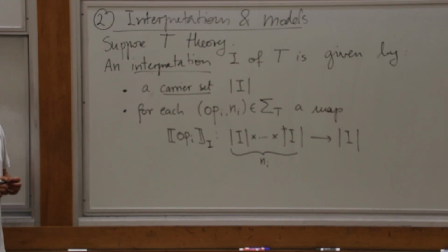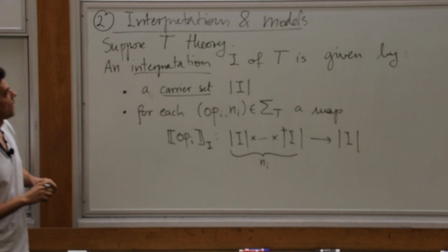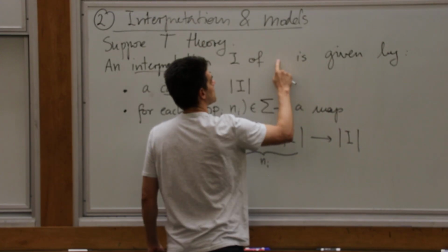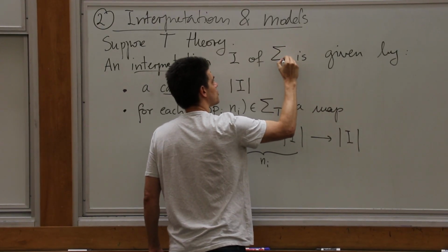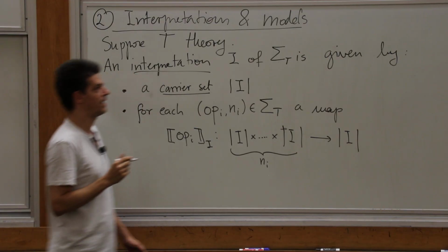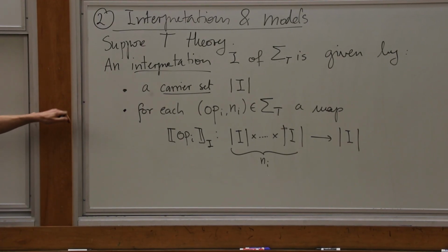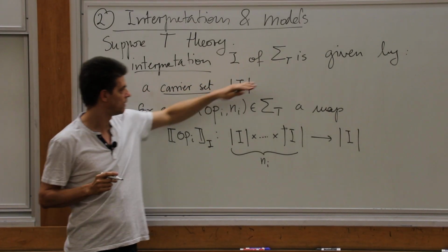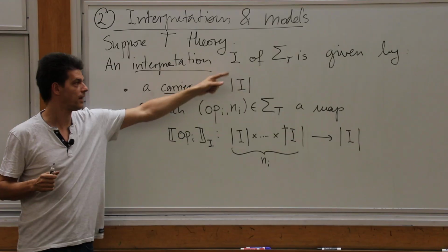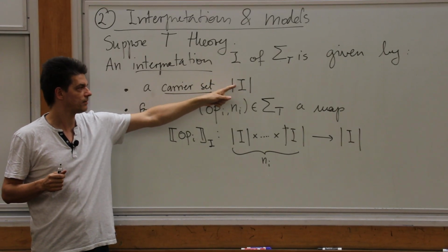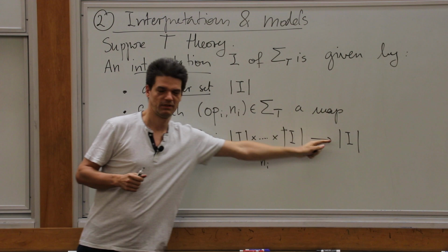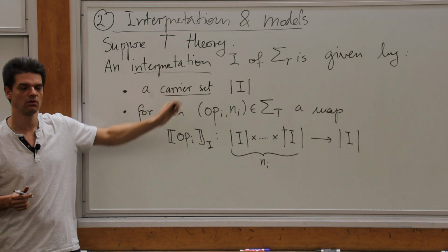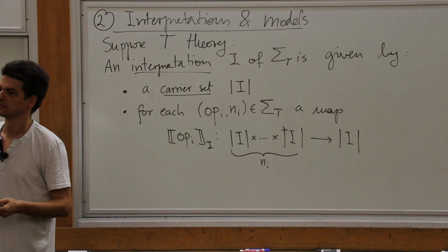That's what an interpretation of, sorry, I was going too fast. This is an interpretation of the signature of the theory. So far, I haven't done anything with equations. If I have an interpretation just of the signature part, all you have to do is say, okay, we're going to have a set, and then we're going to have a bunch of maps on the set. But so far, I'm not requiring that they satisfy any equations. I'm just giving you the basic raw data.